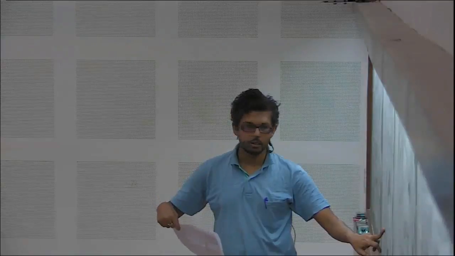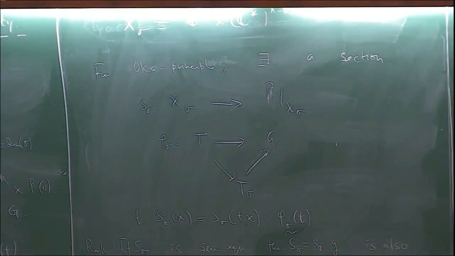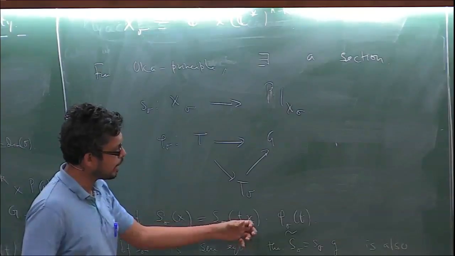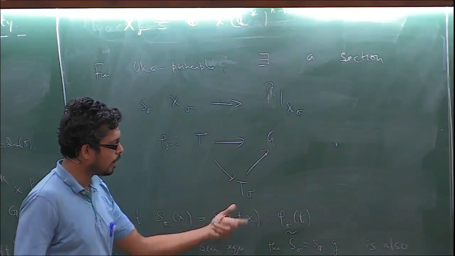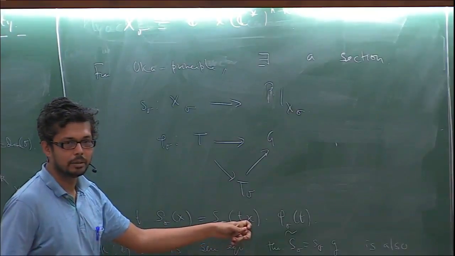But if you take algebraic, these are all algebraic actions. So that means this S sigma of T x naught is algebraic. And every point is a limit of T x naught. So by continuity, you can say that all S sigma of T x are algebraic.